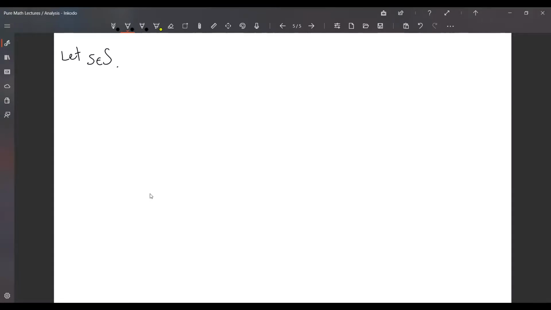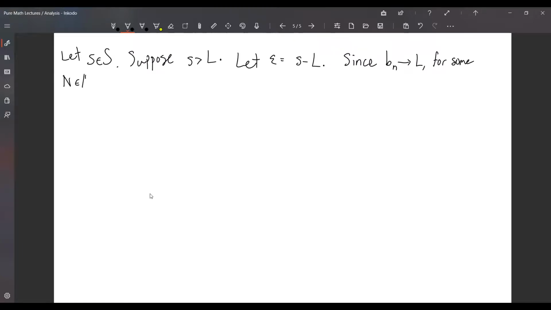So suppose, to the contrary, that s is bigger than L. So let epsilon be s minus L. Since B sub n converges to L, for some big N in the natural numbers, we have the absolute value of B sub big N minus L less than epsilon, right?